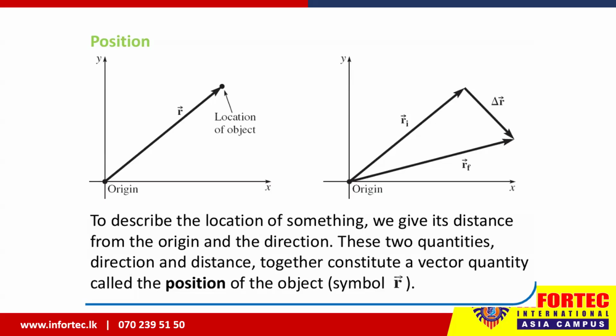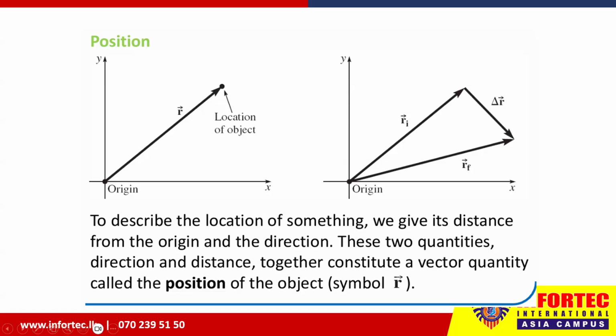Then we can define position. You can see the origin and the location of an object here, in x and y Cartesian coordinates. Position describes the location of an object relative to a reference point, relative to the origin, right? Then r is the position vector.